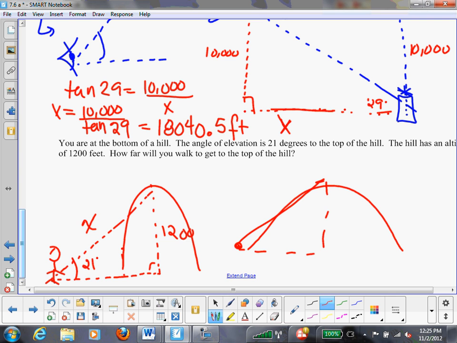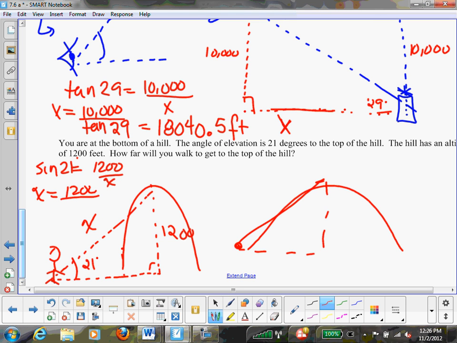What would I do? Emma? Yes. So that means x will equal 1,200 divided by? Yep. And so what does that give me for x? Okay. One person tell me. Okay, Sydney.